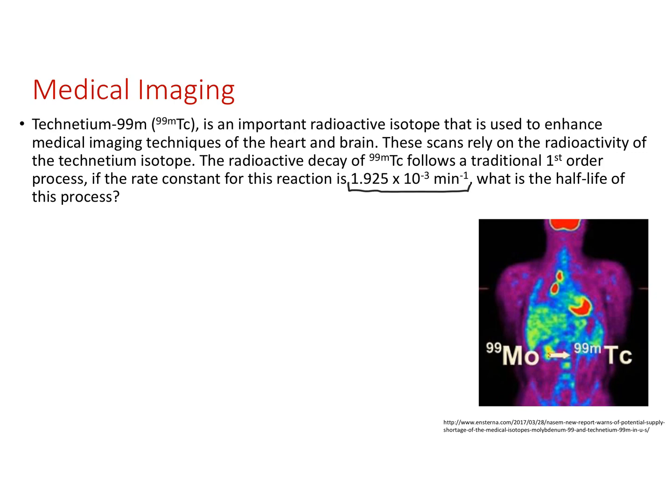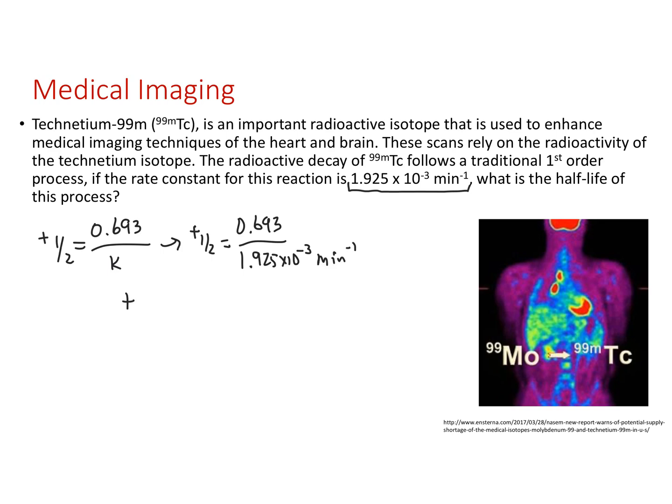So T1/2, that's my half-life, that's what I'm looking for, equals 0.693 over K. So T1/2 equals 0.693, and my value of K is 1.925 times 10 to the minus 3 inverse minutes in this case. So that means I'll get a half-life in terms of minutes.